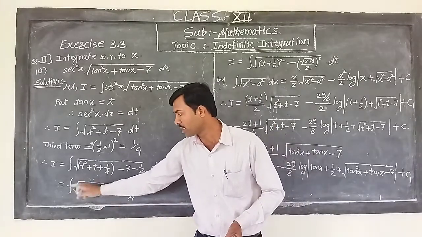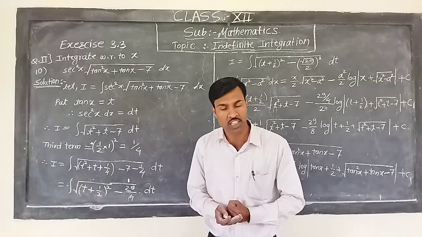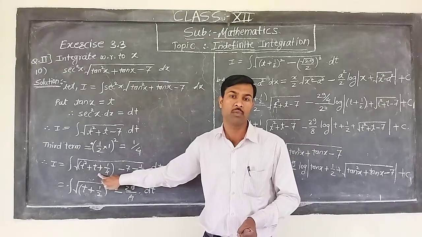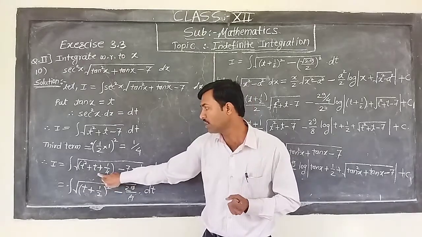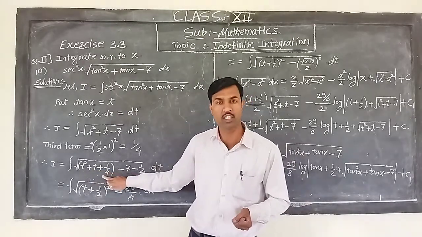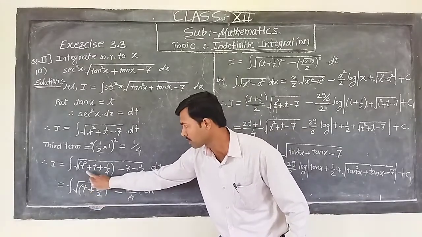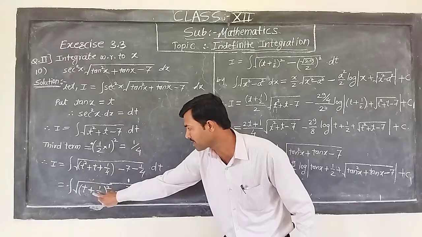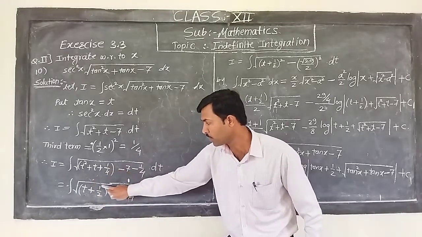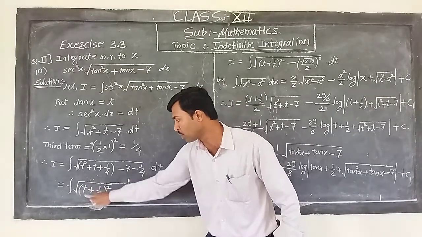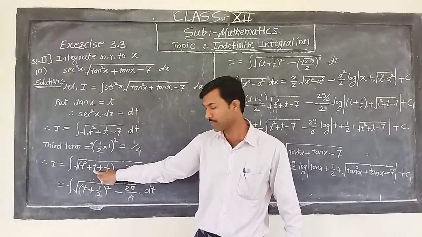Here, after adding the third term to t square plus t, we get a perfect square term. Which perfect square is this? It is t square, so t is the perfect square. The sign of the middle term is plus, and 1 upon 4 is 1 upon 2 square. So t plus 1 by 2 whole bracket square is this term.